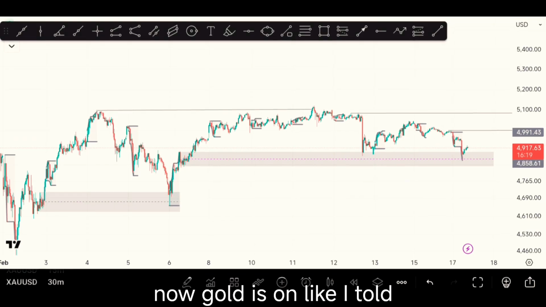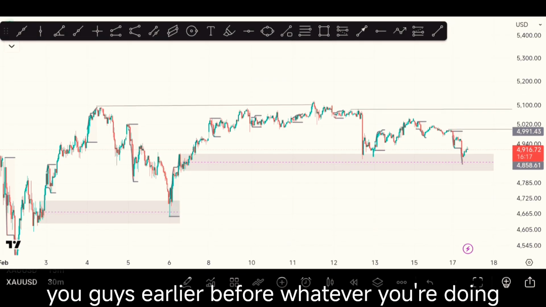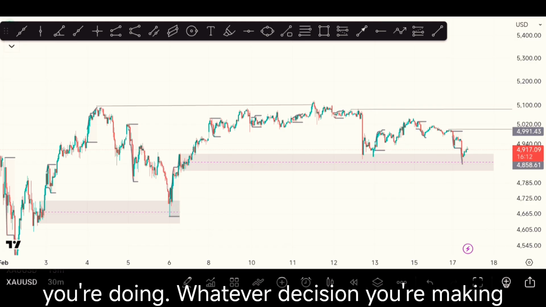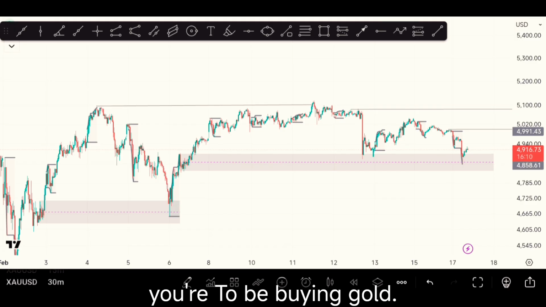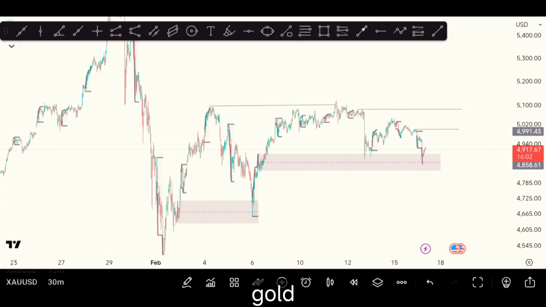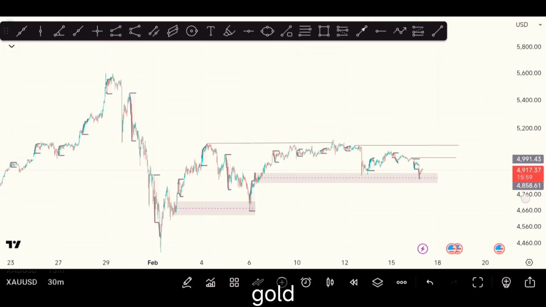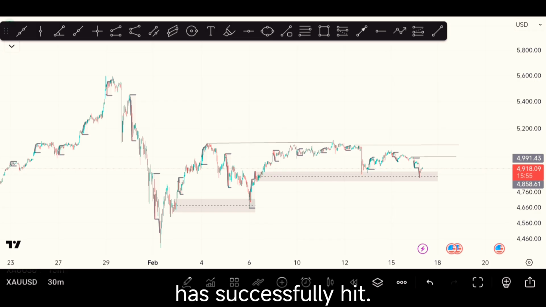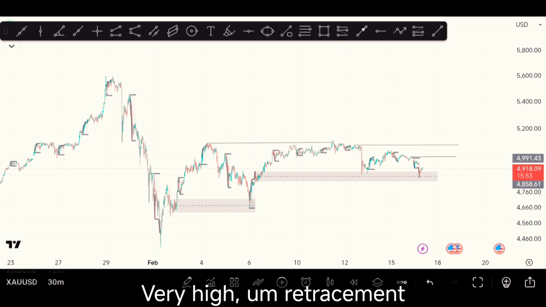Now gold is on, like I told you guys earlier before, whatever you're doing on gold, you should be buying gold. Whatever decision you're making, you're supposed to be buying gold. Gold has successfully hit a very high retracement level.